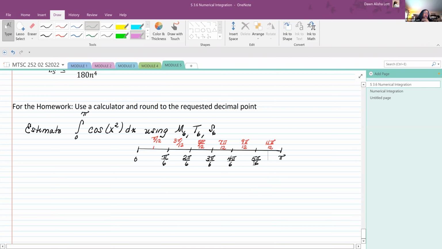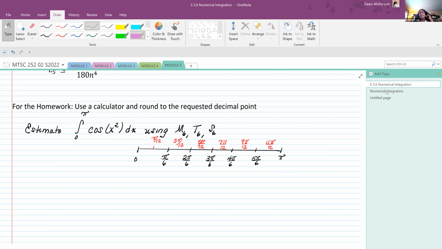And if it says round it to the 4th decimal place, please round it to the 4th decimal place and put that in, because you're going to do a lot of work to get the answer. And the last thing you want to do is put it in incorrectly. So you got to make sure you pay attention to how they want it.